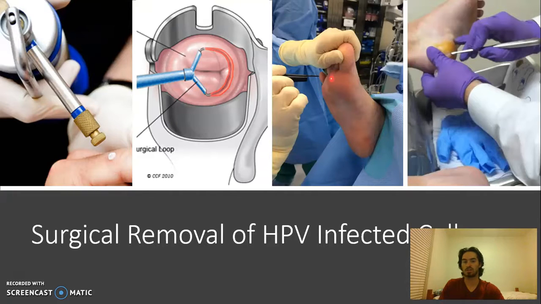Here in this picture, it's cutting out part of the cervix, which is probably precancerous, and physically removing that can help prevent any cancer.